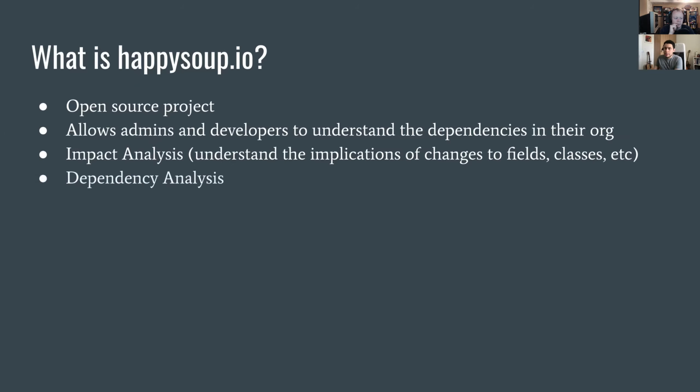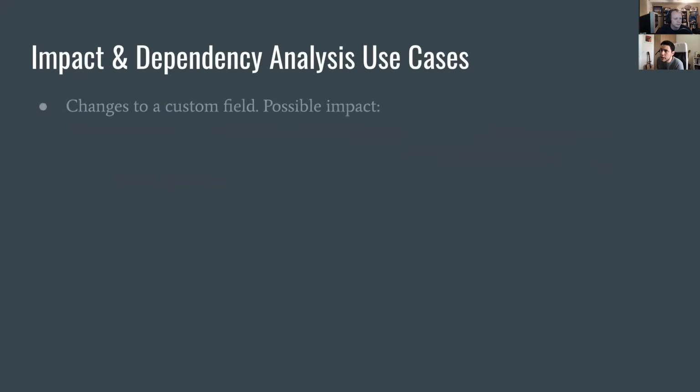The other thing is dependency analysis, which is very similar to impact analysis, but is more around understanding dependencies the other way around, which is the deployment boundary. So it's a whole concept. I'll skip it for now, and I'll explain it in a moment.